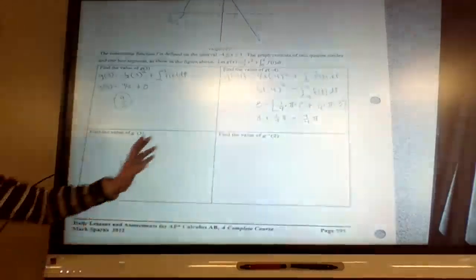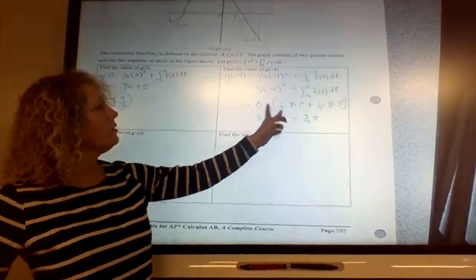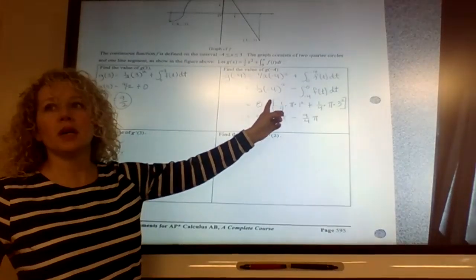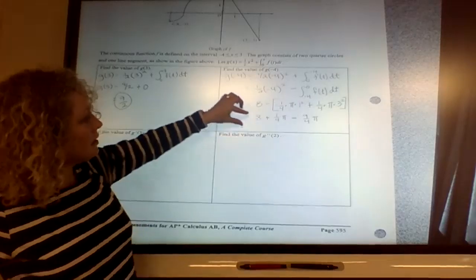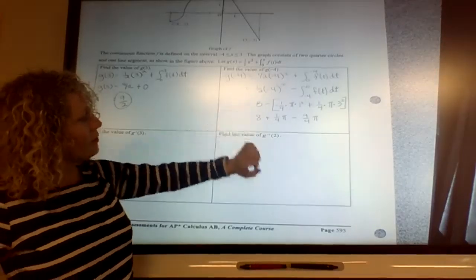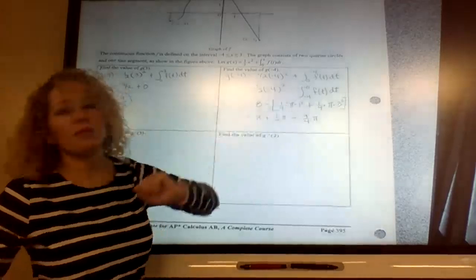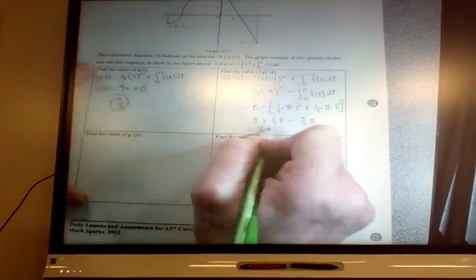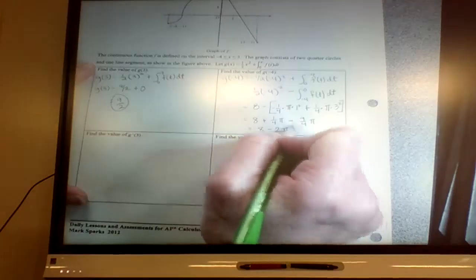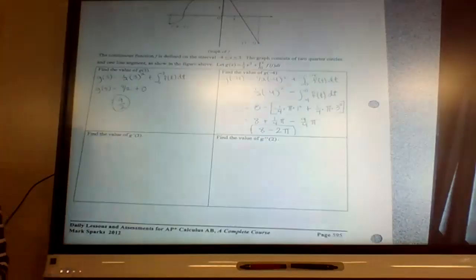So I'm running out of room. So I went ahead and simplified these two and distributed that negative at the same time. So 1/4 pi minus 9/4 pi would be a negative 8/4, and 8/4 is 2. So that's my answer right there.